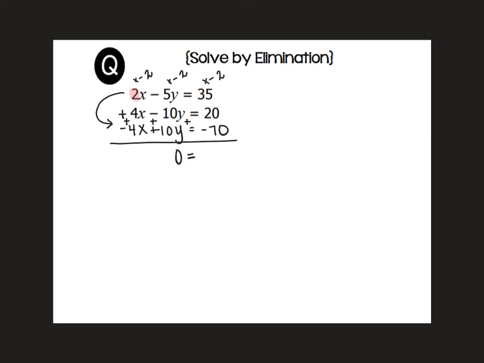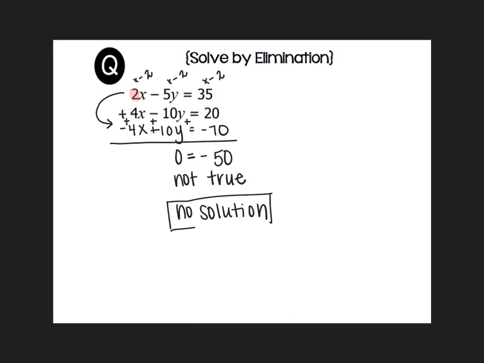And then 20 minus 70 is negative 50. So 0 equals negative 50 is not true. And since that's not true, this would be a no solution. In most of the other examples, this won't happen, and you'll get x equals or y equals, and you would plug it back in.